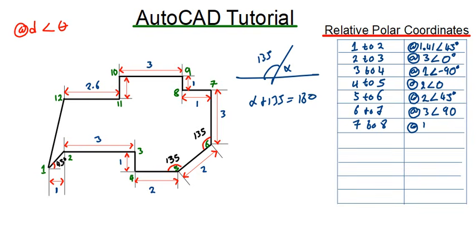Then the angle, for 7 to 8, is just like on the x-axis. So the way to do this is you can either say minus 360, or you can just say 180, since it's on the other side.